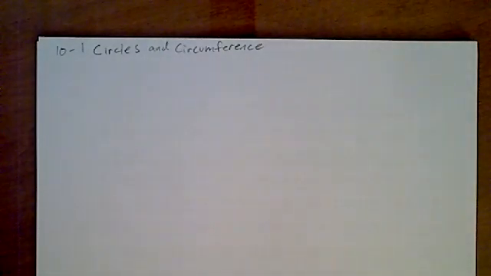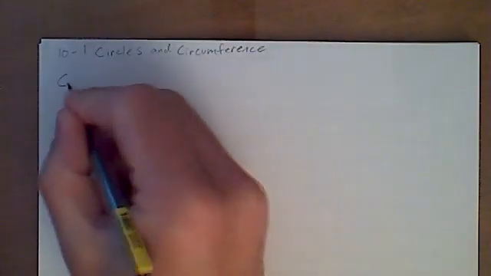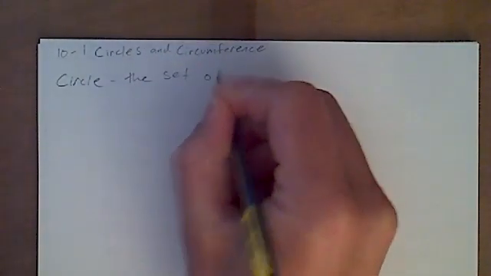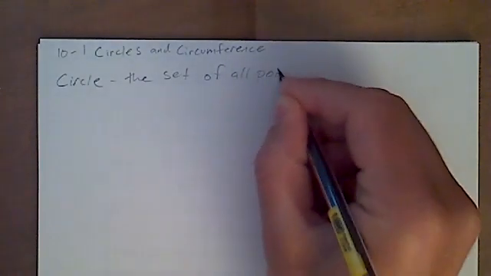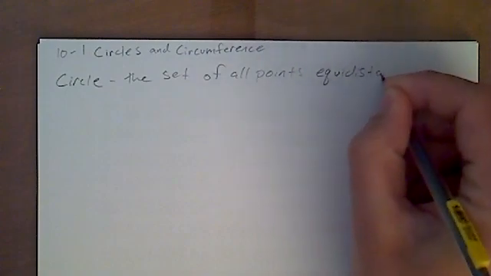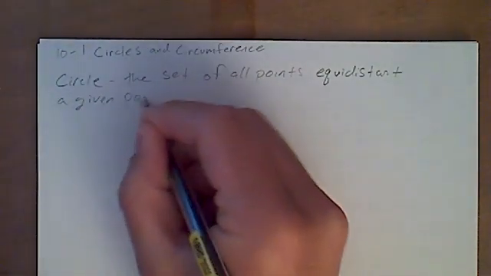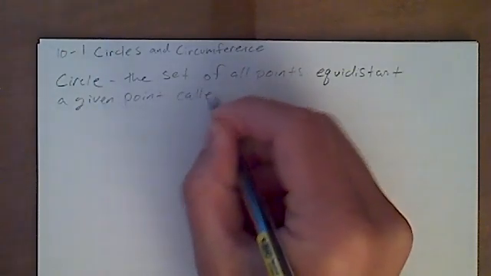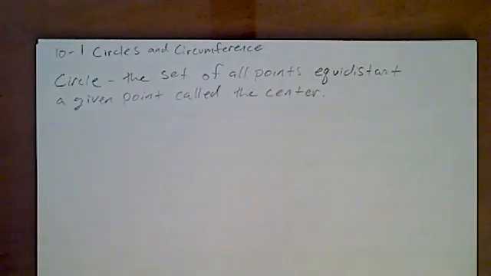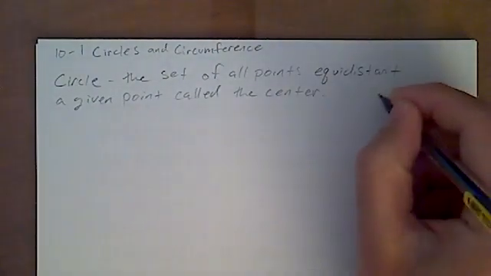All right, so circles. A circle is the set of all points equidistant from a given point called the center. In other words, this is what we know to be a circle.